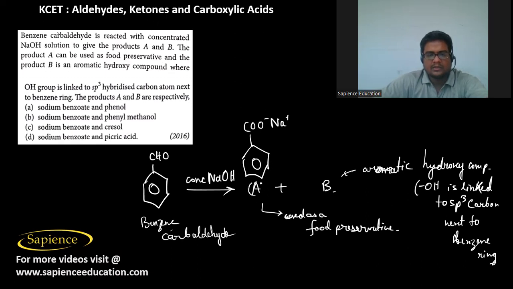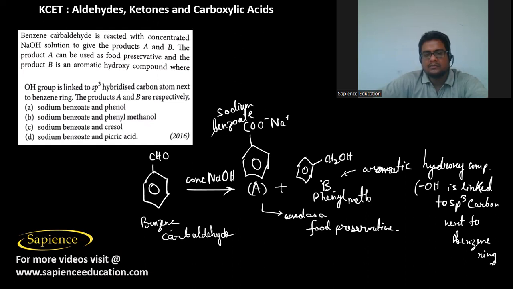So the compound A is sodium benzoate, and the product B is C6H5CH2OH, which is phenyl methanol.